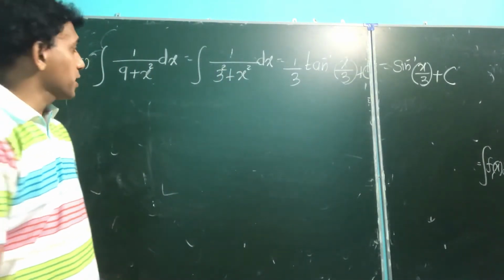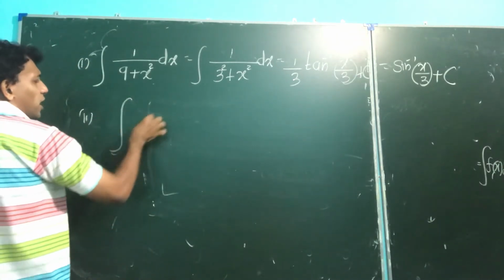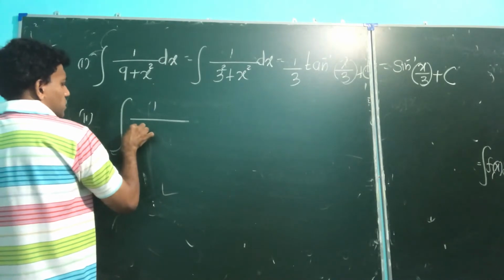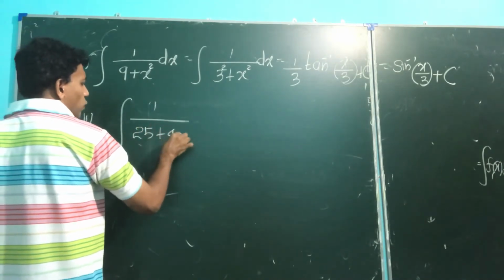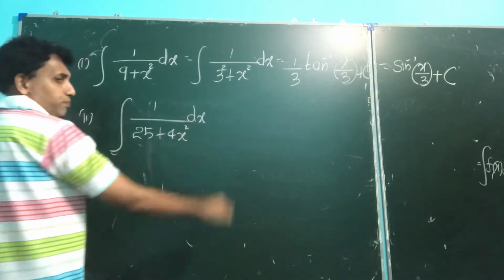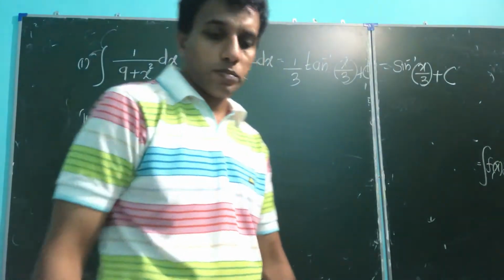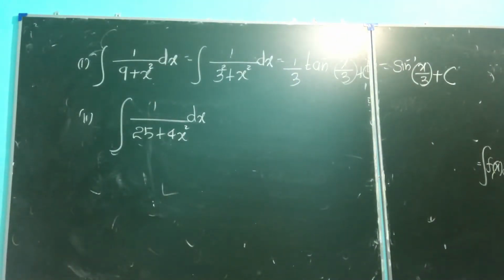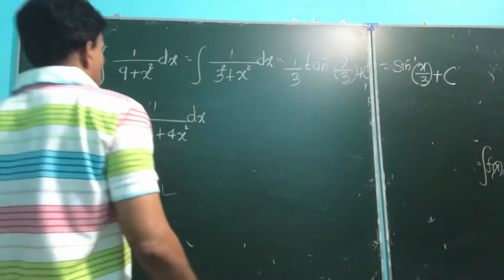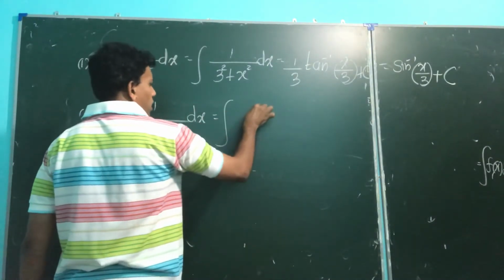Tan inverse, here is another question: the integral of 1 over 25 plus 4x square. How?